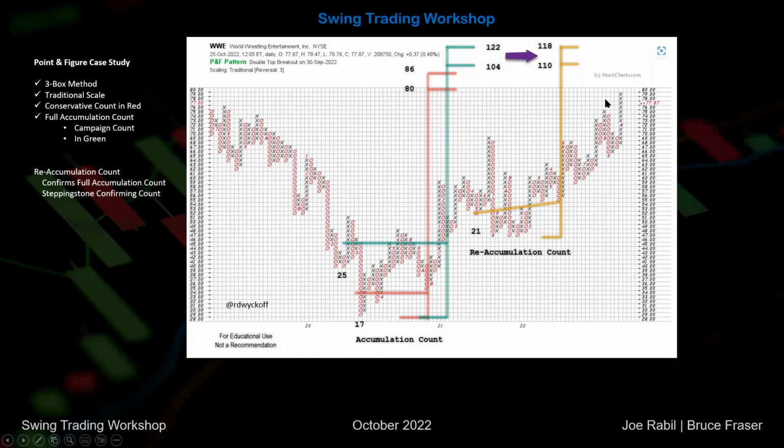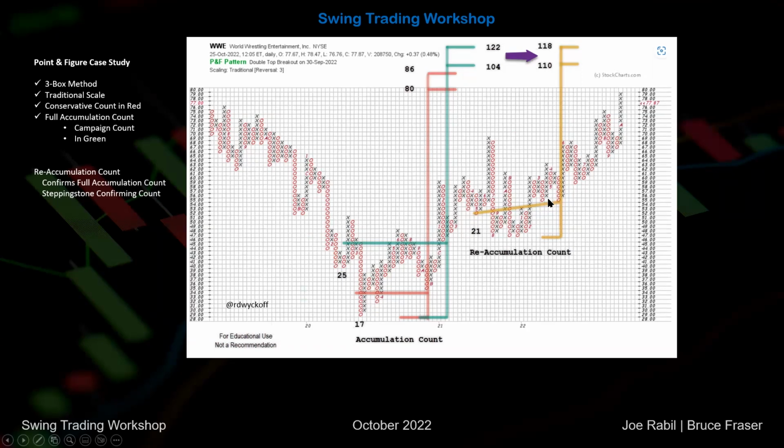And also you'll see that we're getting very close to it right now. We have a bit of a buying climax surge taking place at this time. The larger count goes all the way up to 104 to 122. So that larger campaign count is very interesting. And then finally, we have a reaccumulation count that goes 110, 118.